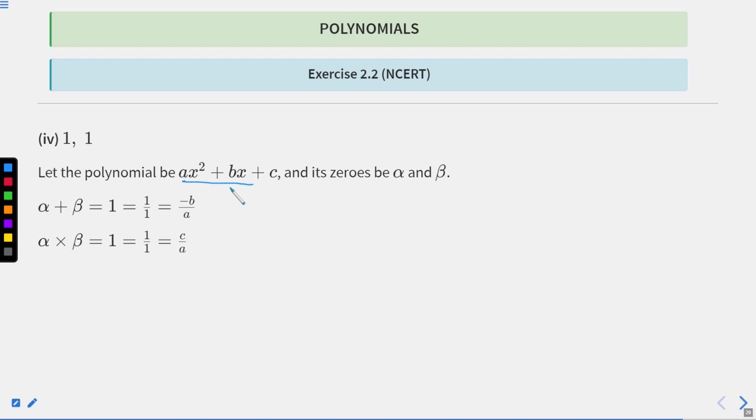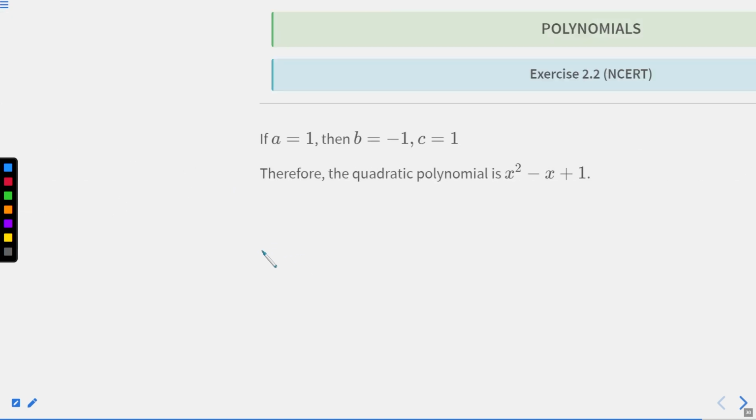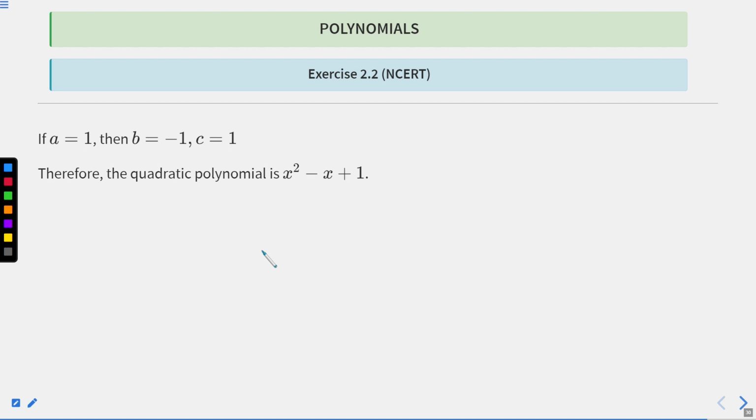Okay, and the product of its zeros, that is alpha times beta, is equal to 1. Okay, and this is equal to 1/1 and this is equal to c upon a. Okay, so now if a is equal to 1, then b is equal to -1 and c is equal to 1. Okay, so therefore the quadratic polynomial is x square minus x plus 1.